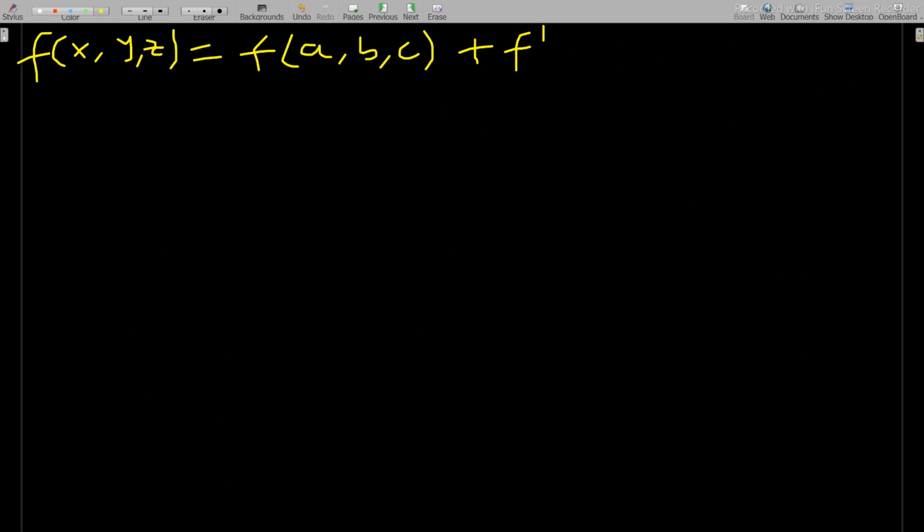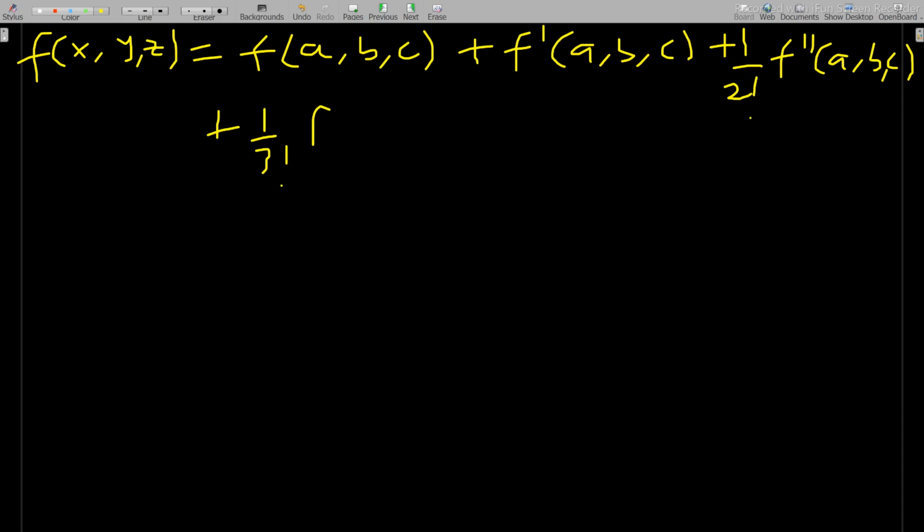So we said that our solution was f of x y z was supposed to be equal to f of a b c, plus some f prime of a b c, plus 1 over 2 factorial f prime prime of a b c, plus 1 over 3 factorial the cubic a b c.